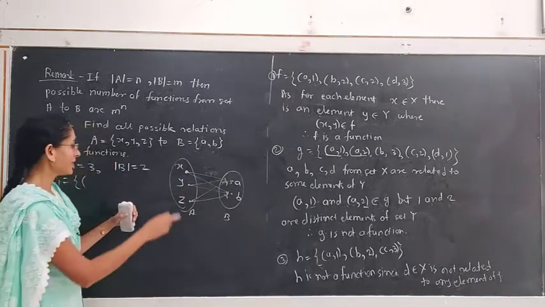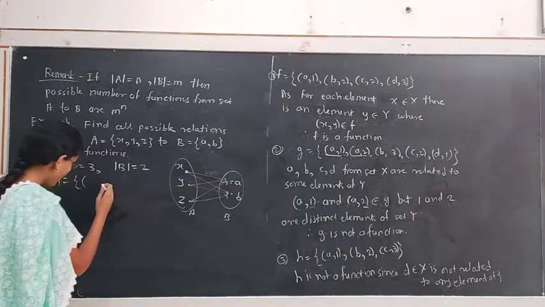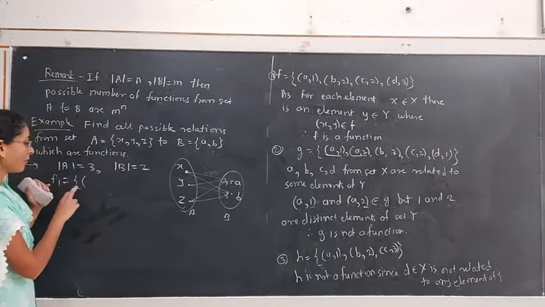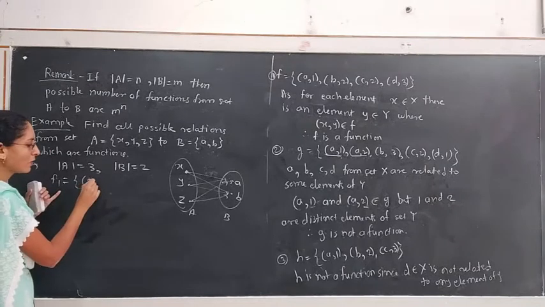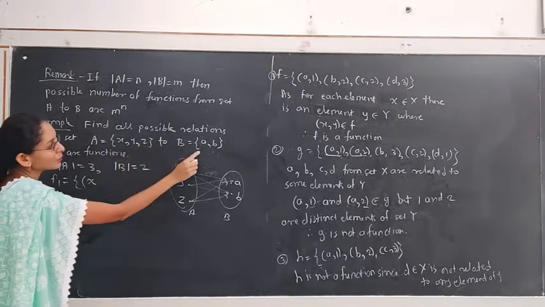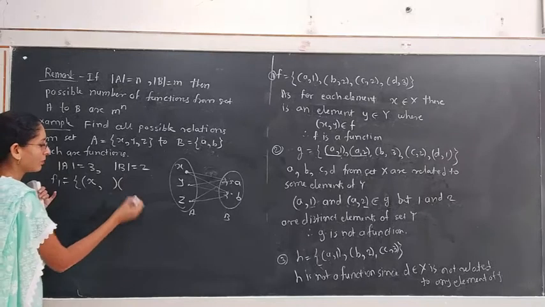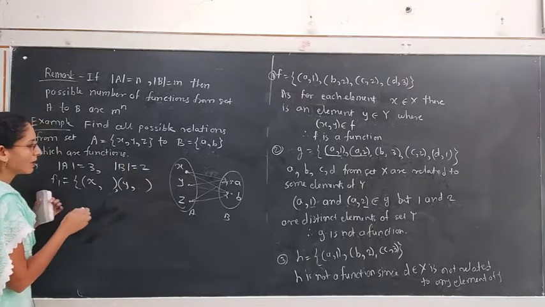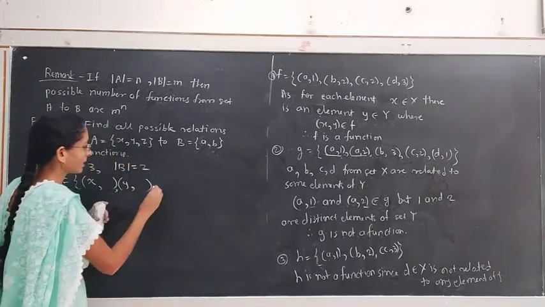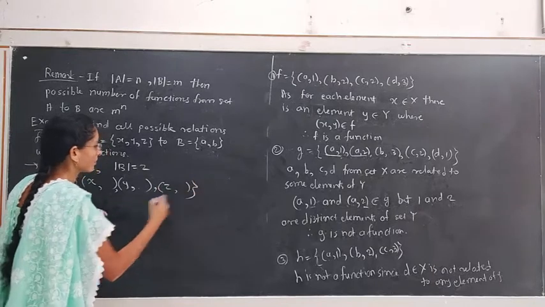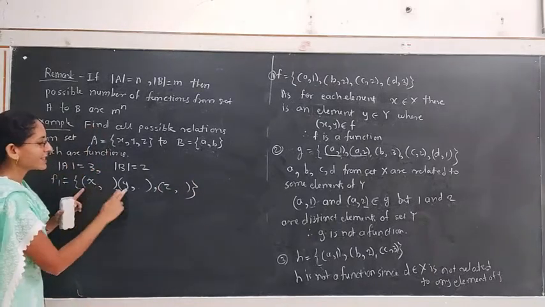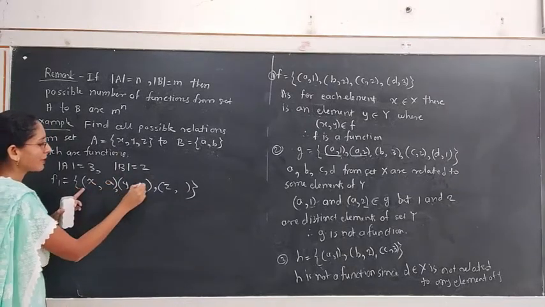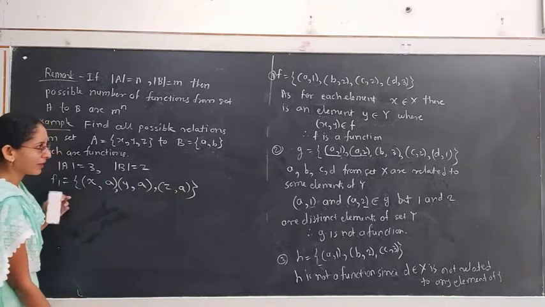Possible functions, we write these functions as f1, in terms of relations, meaning in terms of ordered pairs. f1 contains the elements, we should have all the elements of set A related to some element of set B. Meaning x has some image in B, y is related to some element in B, and z is also related to some element in B. We can assign these elements from set A to any element of set B. Suppose x is related to a, y related to a, z related to a.